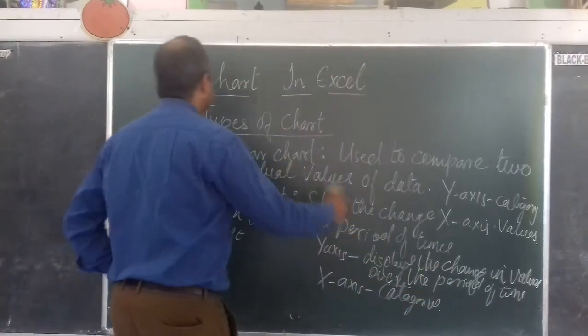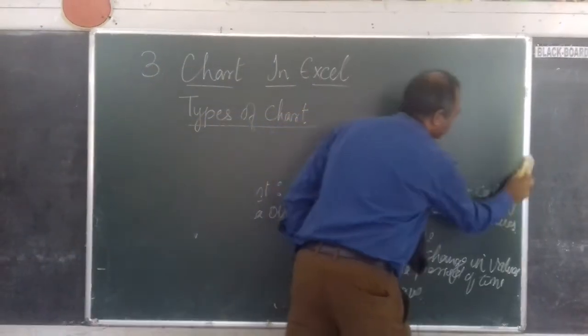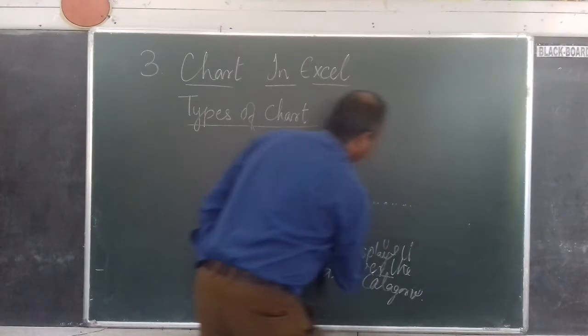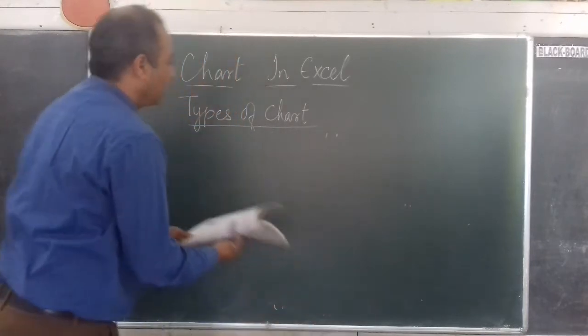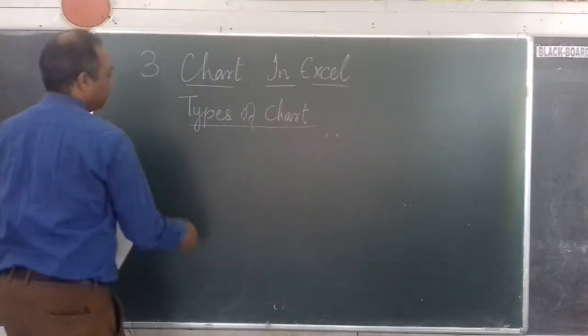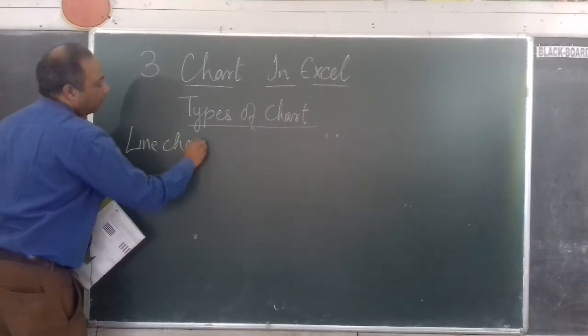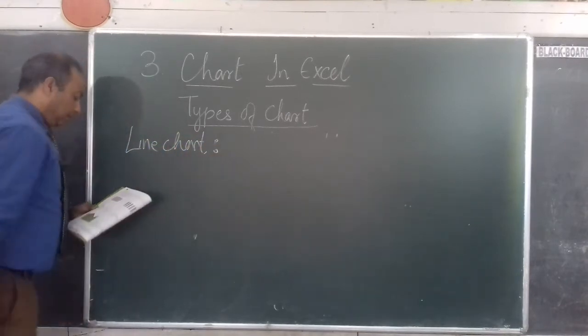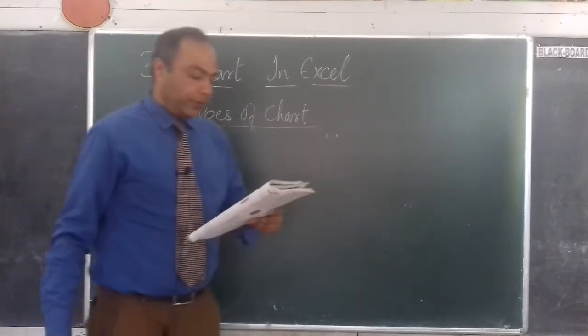Now the next type of chart is the line chart. The line chart is used to analyze data over a period of time.